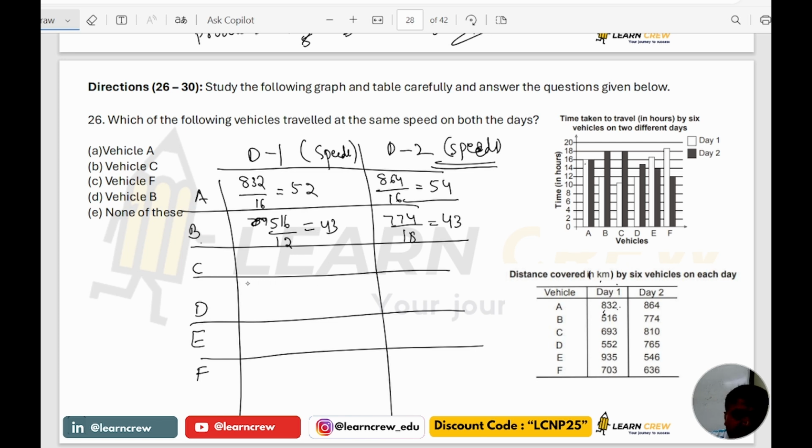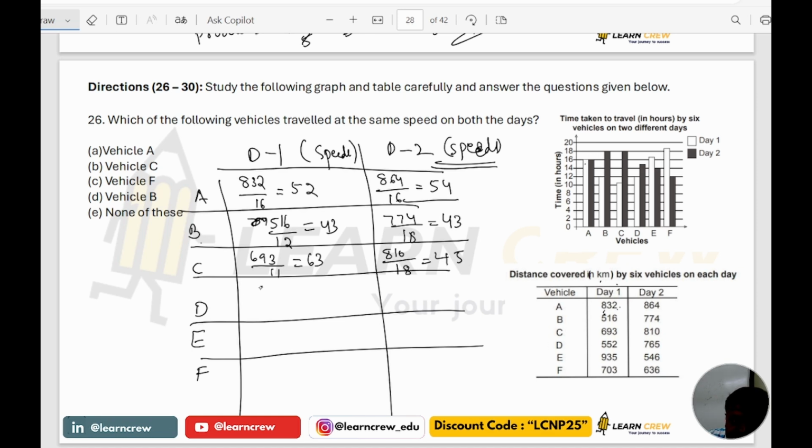For C, if you see here, it is 693. It is 693 by 11, which is 63, the speed. Similarly, the second day for C, the distance covered is 810 and the time given is 18, which is how much? 45. What about D?